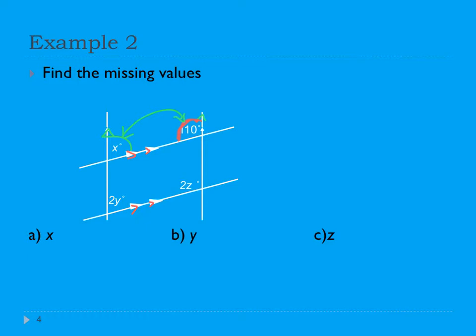Those consecutive interior, right? And the consecutive interior one, is it a theorem or a postulate? Theorem. Okay, and it says that they're supplementary, which means that x plus 110 equals 180, and x would equal 70. Good. Okay, that's this one.